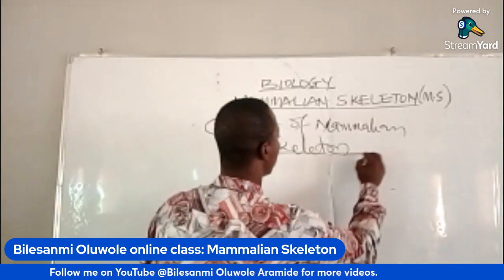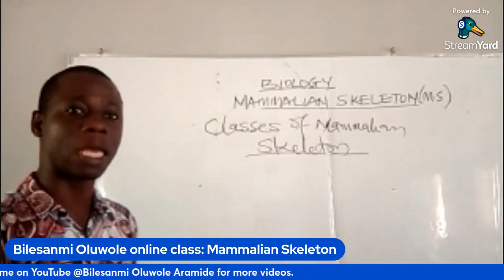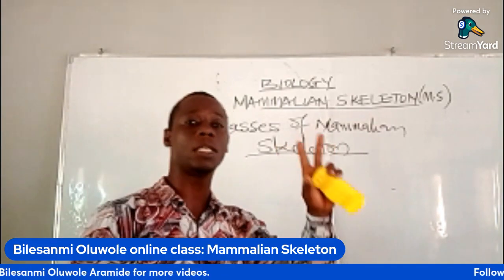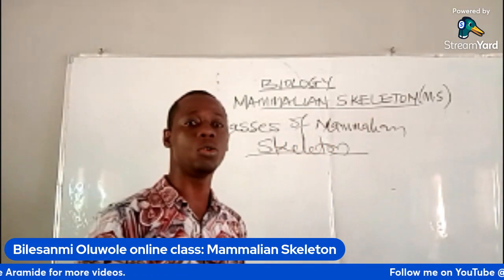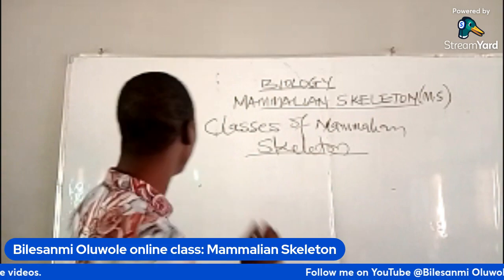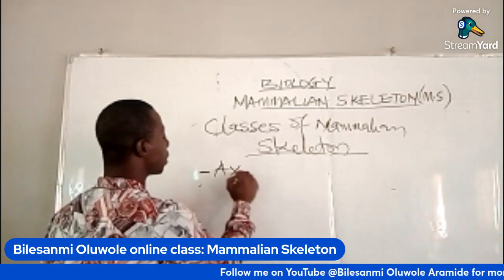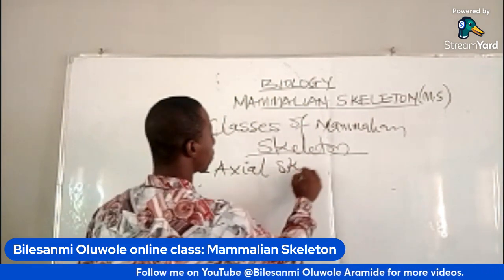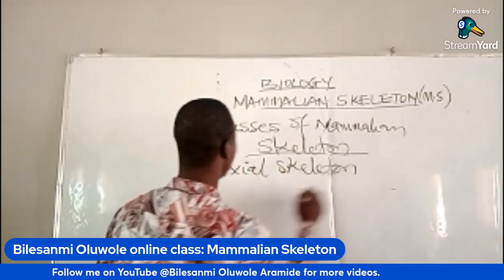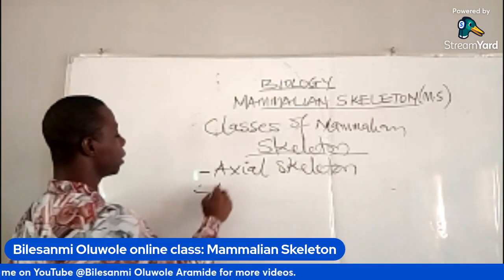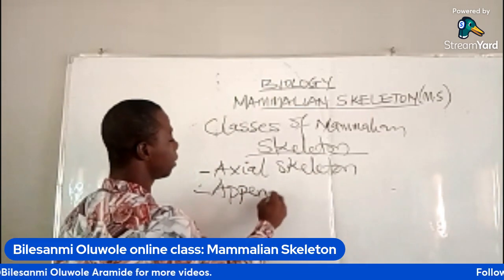Like I said, they are divided into basically 2. They are the axial skeleton, and the second one is the appendicular skeleton.